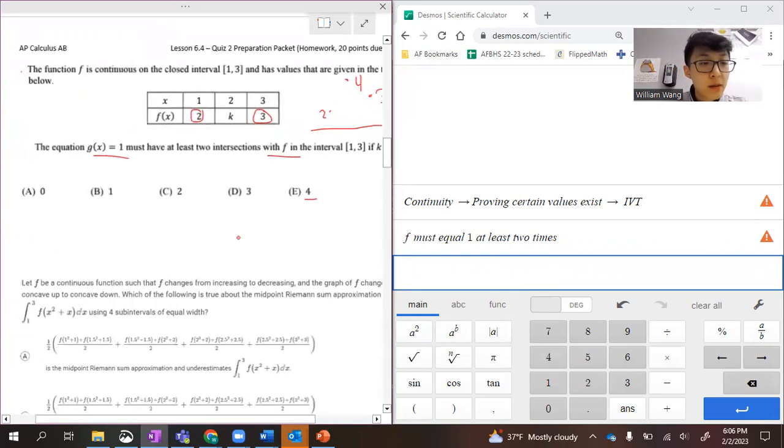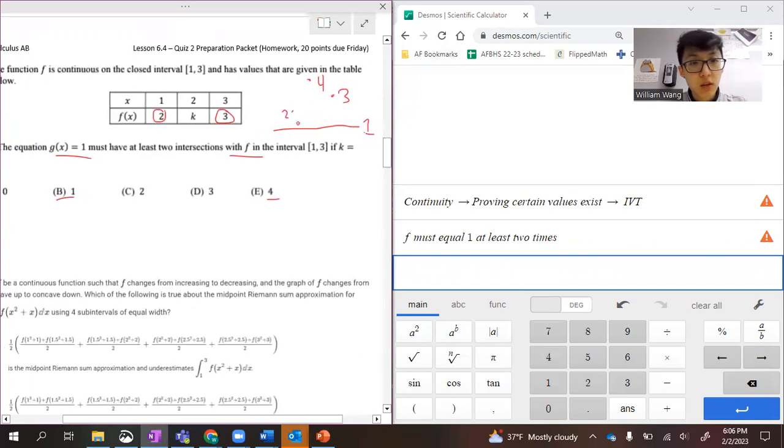So your eyes might jump to B. I might cross 1 if it's equal to 1, which makes sense, right? This would be equal to 1. Well, that's also not the case because I might touch 1 once and come back up, but that's only 1 time. I need to cross it twice.